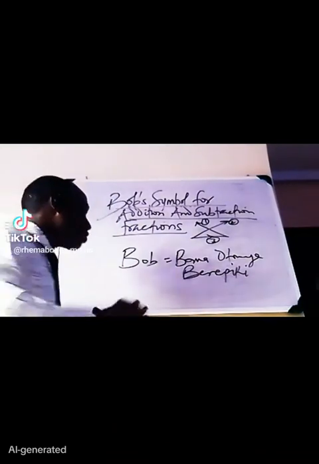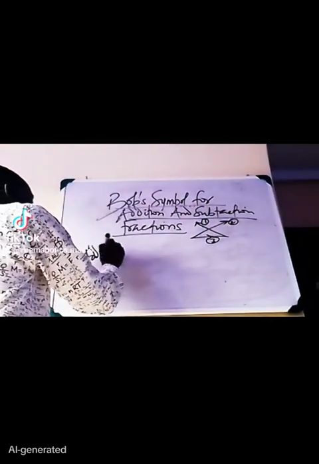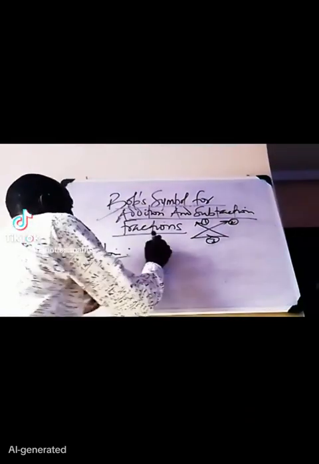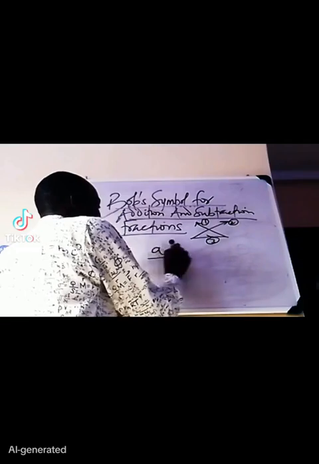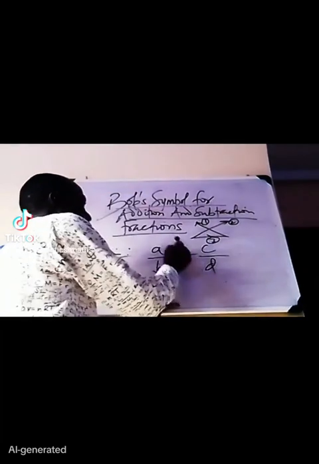So let's go. First of all, let's do addition. I'll first give you the principle. The principle is this: A over B plus C over D. Now, we are going to use the symbol. Watch.